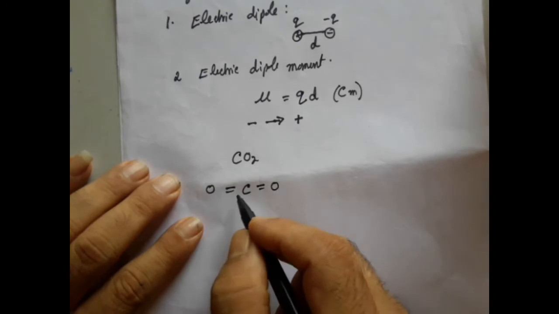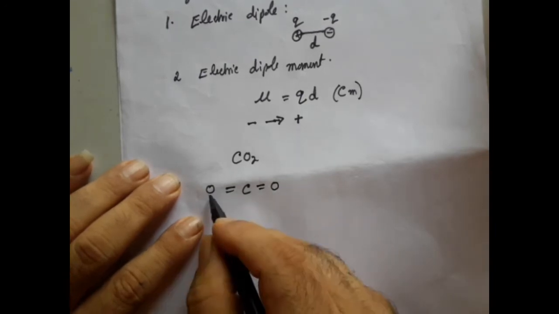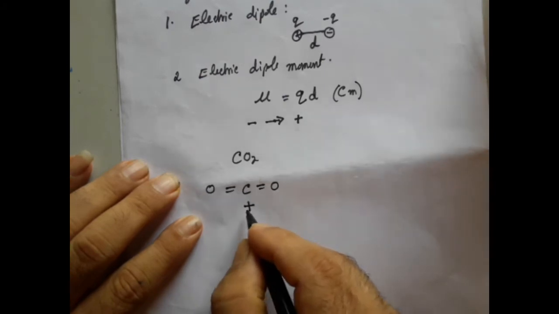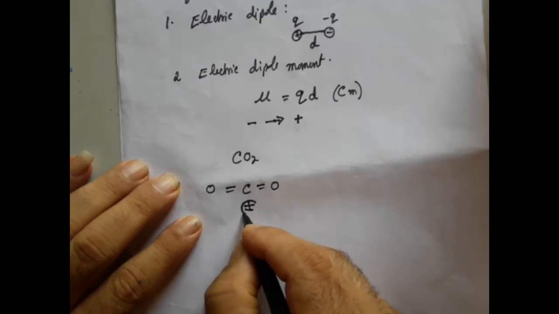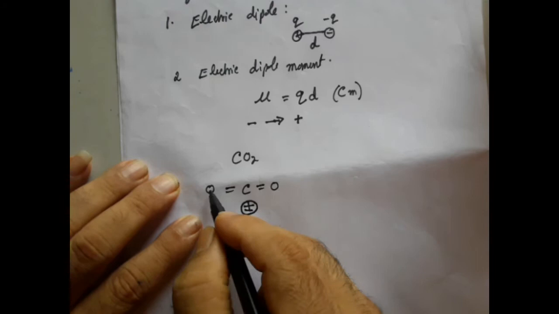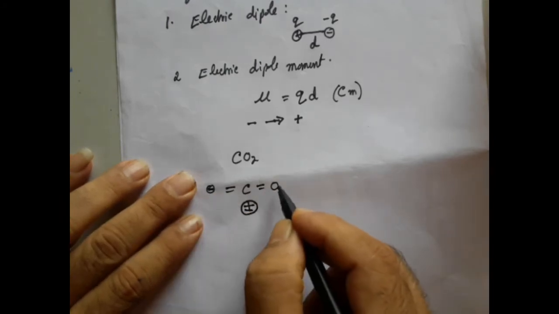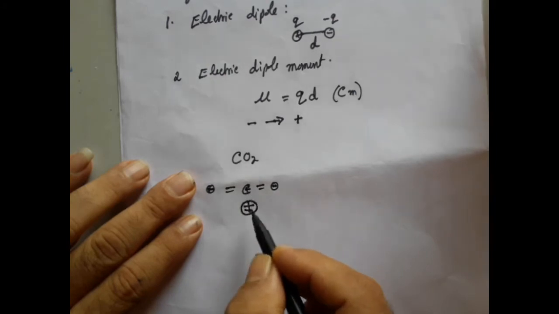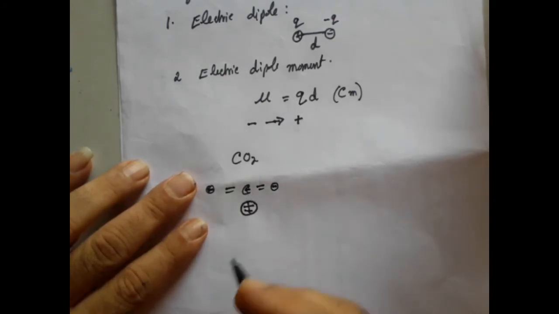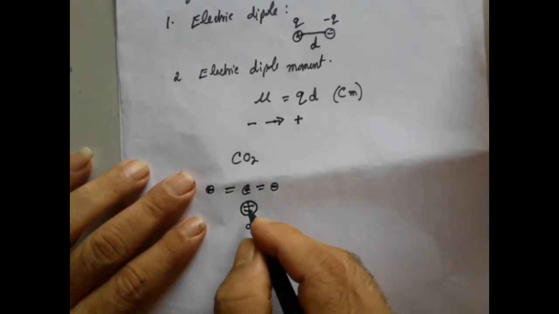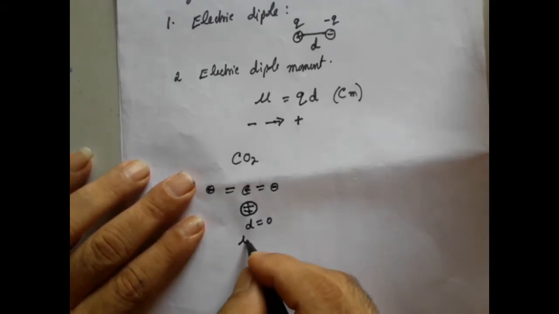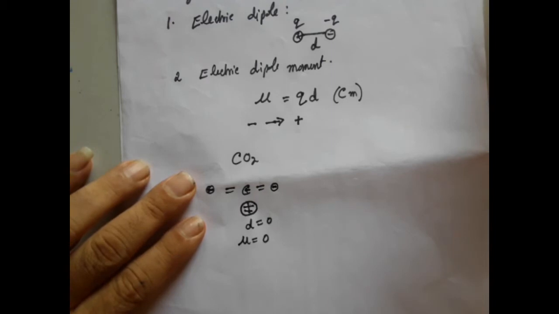And if I ask you the effective center of the carbon as well as the oxygen, the positive and the negative charges are going to overlap one over the other, because here there is a negative charge, here there is a negative charge, and the effective center comes here and the positive charge is here at the center. Therefore, the distance of separation between the positive and negative charge is going to be 0. And hence, the dipole moment of this molecule is also going to be equal to 0.